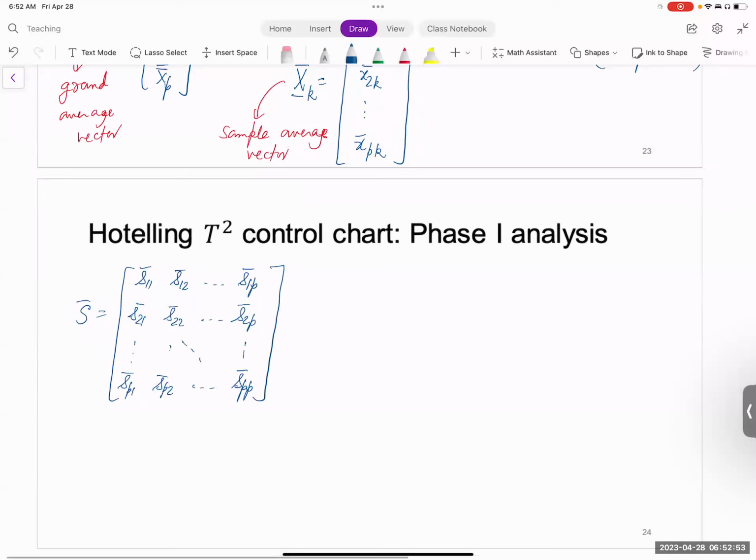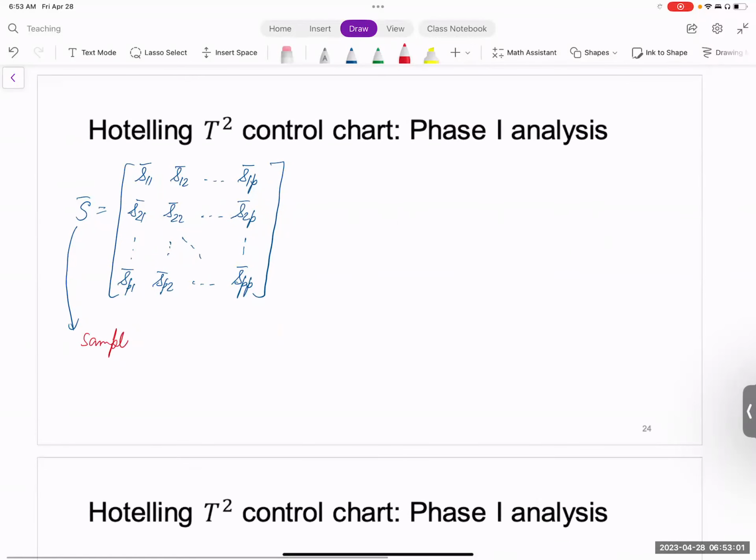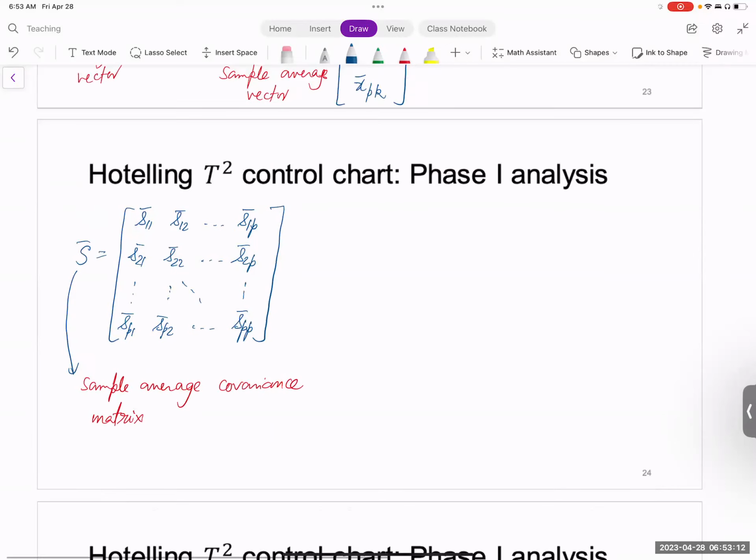That's how this is the sample average covariance matrix. Let me write this down. Sample average covariance matrix. Right? And here, anything that you see here, Sjh bar, is basically 1 over m summation of k equals 1 to m Sjhk. And then how do you compute S?